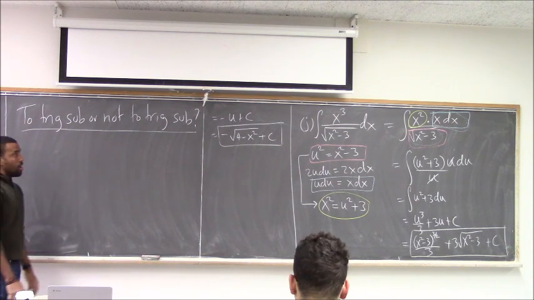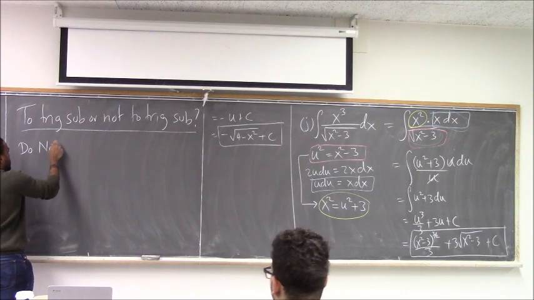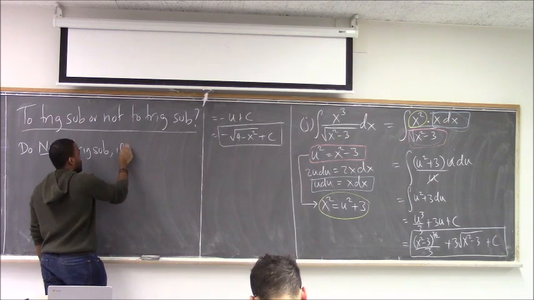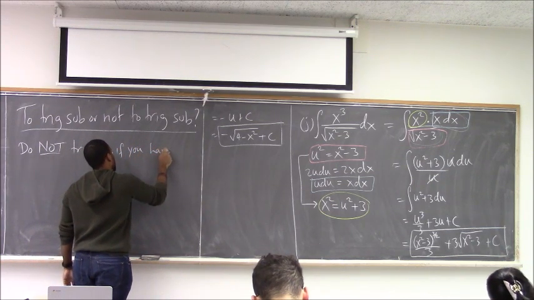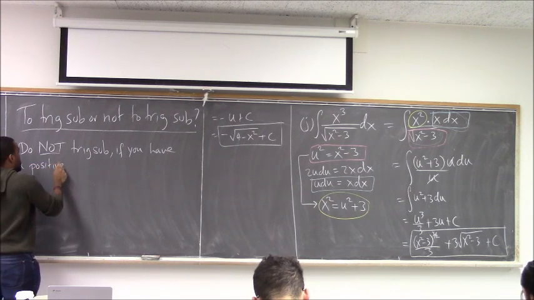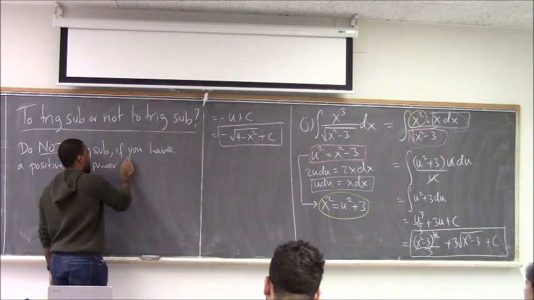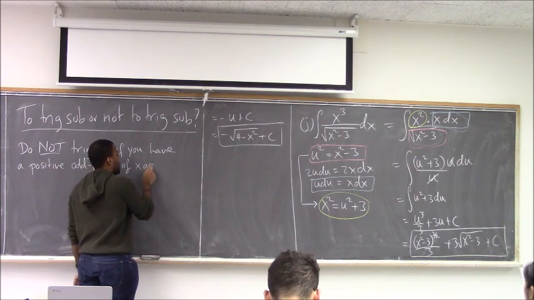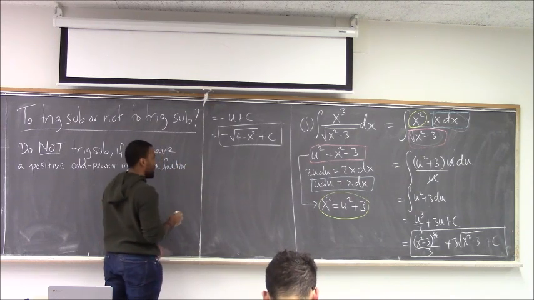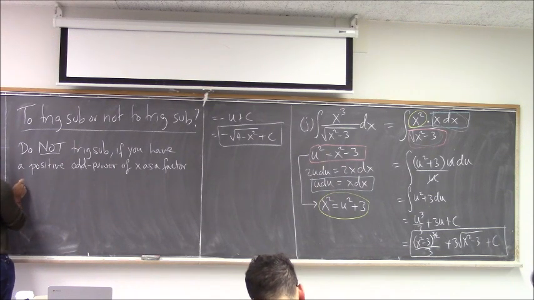Basically, do not trig sub if you have a positive odd power of x as a factor. It can technically work even when you have a negative odd power of x, but again, you're going to need another technique to deal with that.